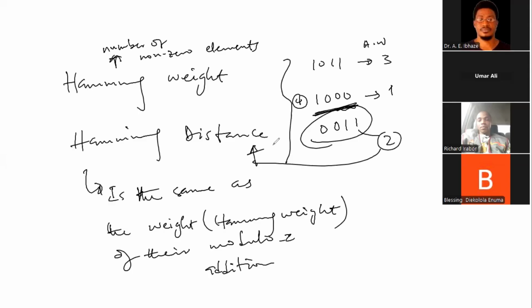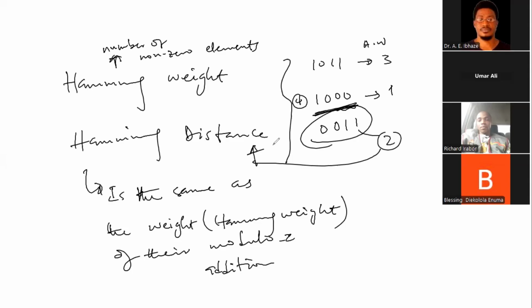Yes, sir. And now we are saying that the minimum Hamming distance, or the smallest Hamming distance between different code words in a code, determines the error control capability of that code. So this is very, very important, because it is the smallest weight of the non-zero code word in the code.